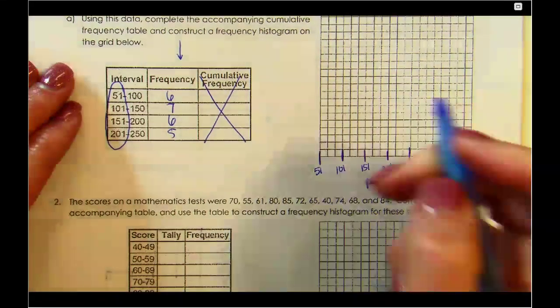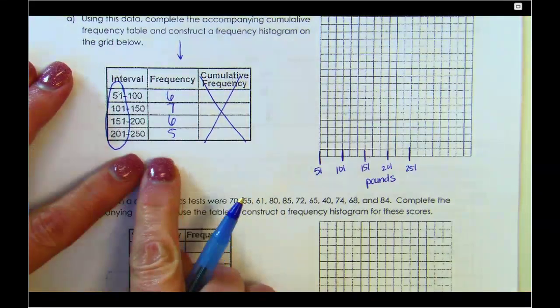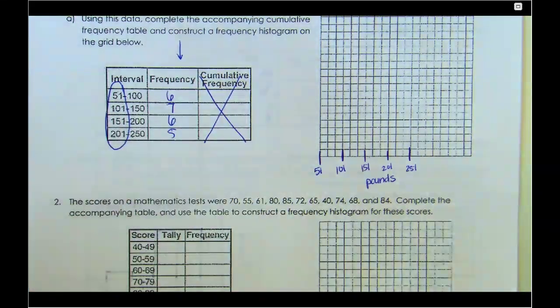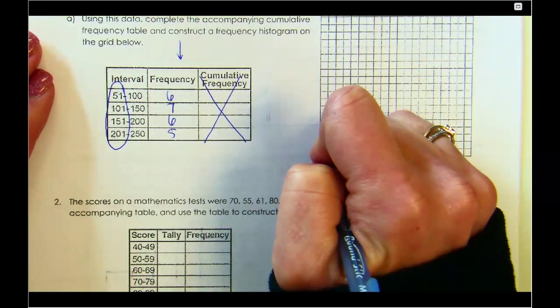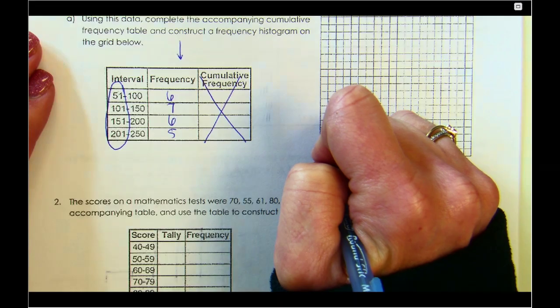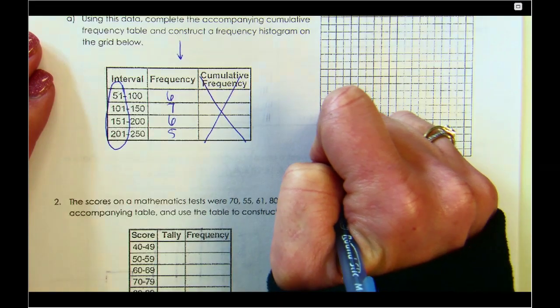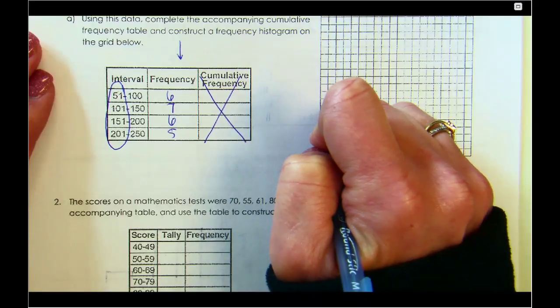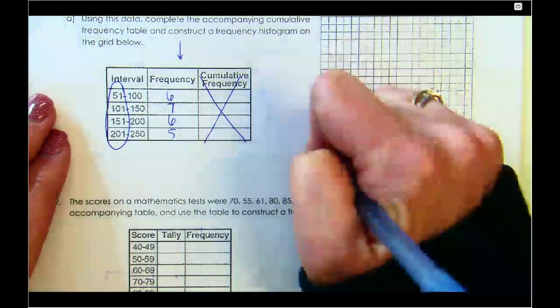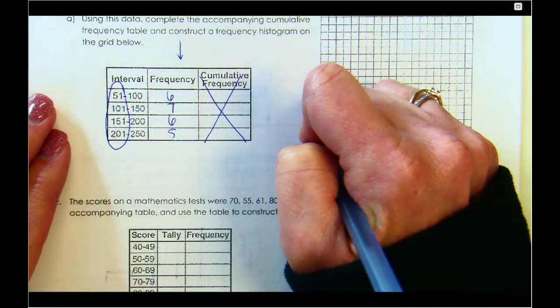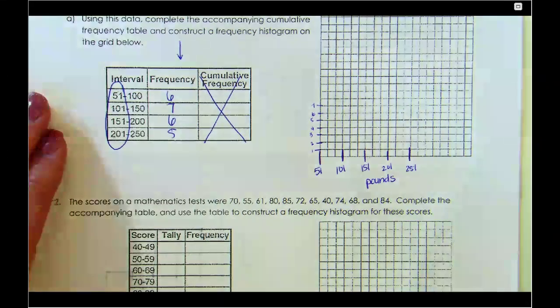Yeah. Okay, so how tall does our bars need to get? 7. So you guys, we have enough room. Let's go 1, 2, 3, 4, 5, 6, 7. Oh, we could have gone 2 boxes. On the side?